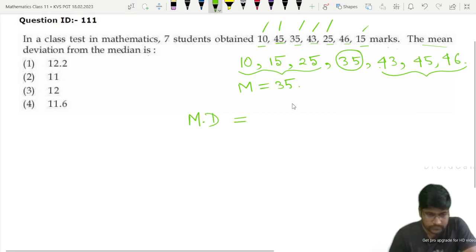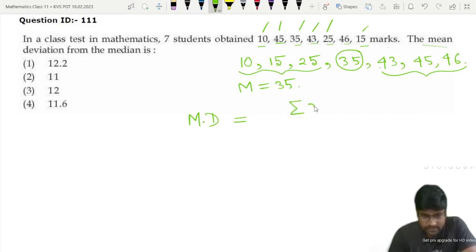MD is nothing but the summation of modulus of xi minus m, where m is the median, divided by the total number of observations. Total number of observations we can denote by capital N. This is the mean deviation about the median. Now 35 is the median and we have to find modulus of xi minus m.